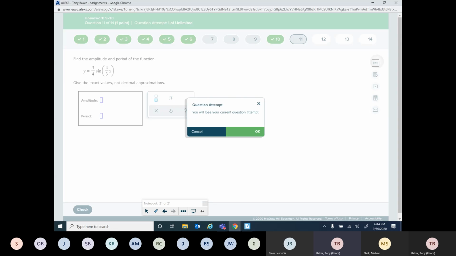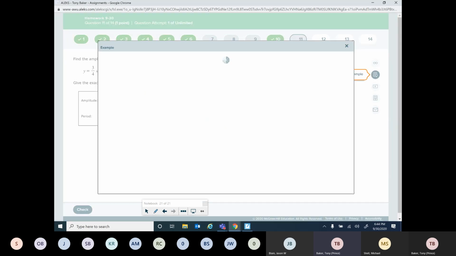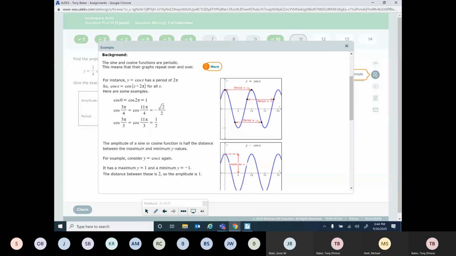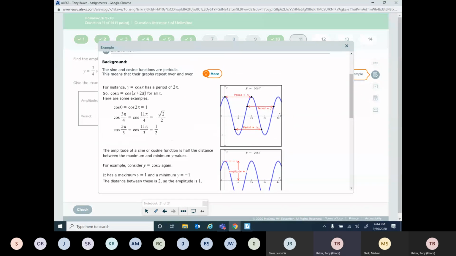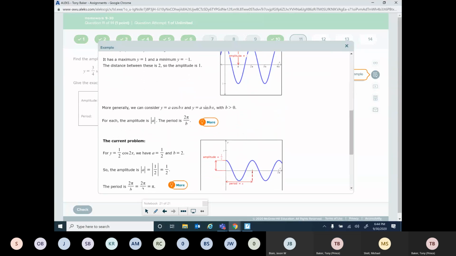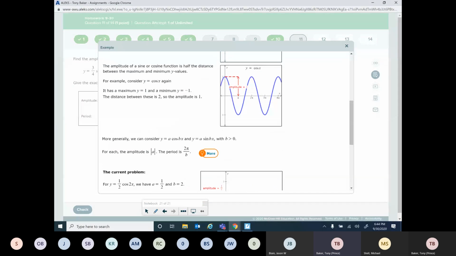The next thing it's looking at, we'll look at this one. We're looking at amplitude and period. And they actually do a pretty good job at this over here.